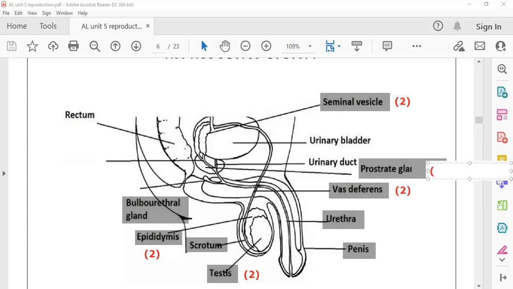Prostate gland, what is it? One. Bulbourethral glands? Two bulbourethral glands. And urethra, one. The penis is also one. This is how they are divided.